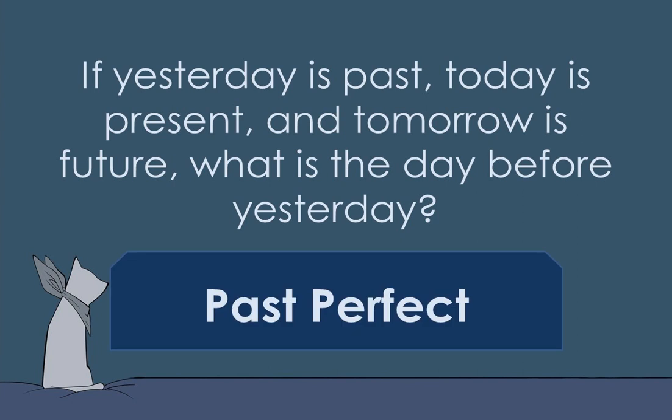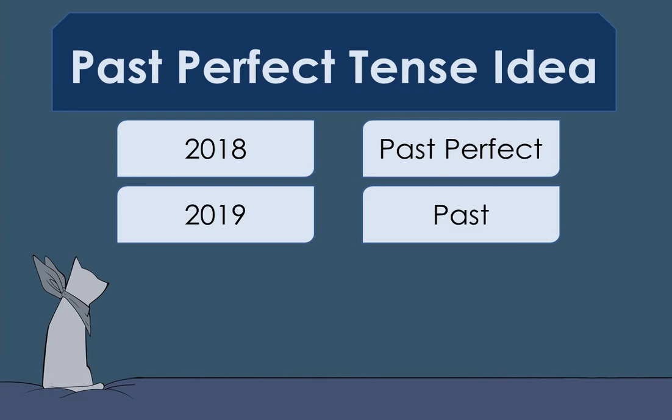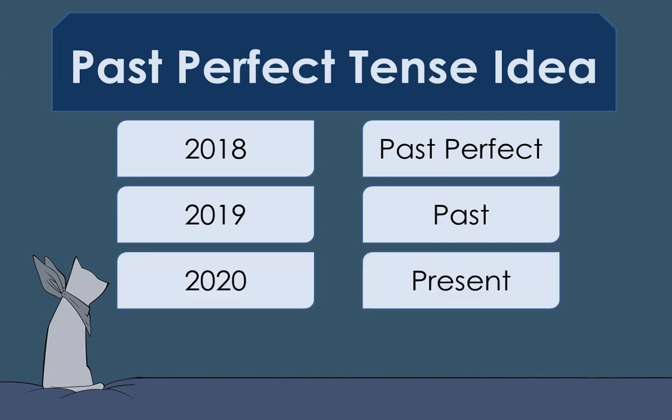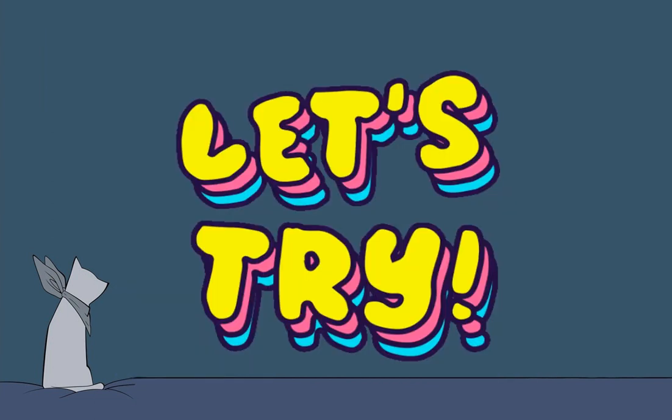It's past perfect. Here is an easier way to put the past perfect tense idea. 2018 is past perfect, 2019, which is last year, is the past, 2020 is the present year, 2021 is the future year.